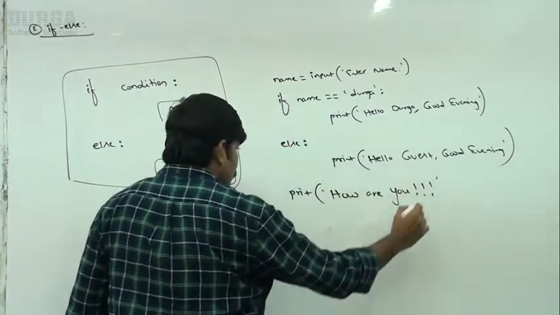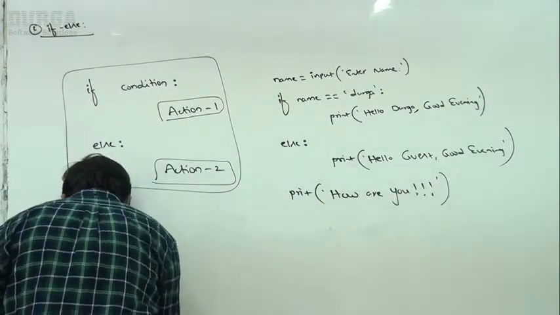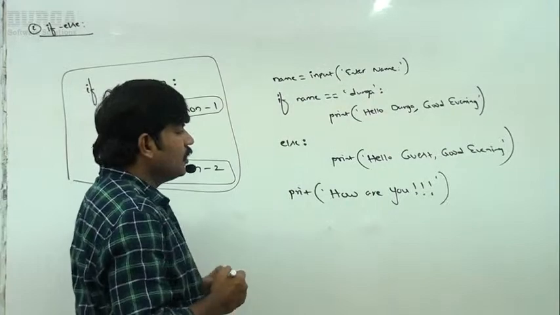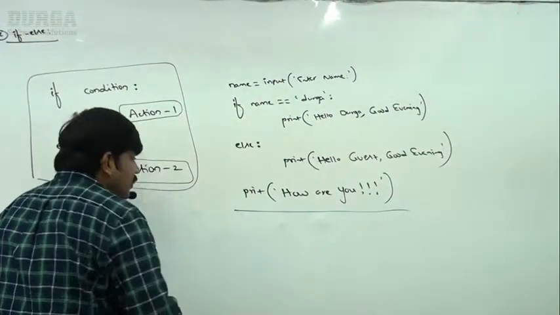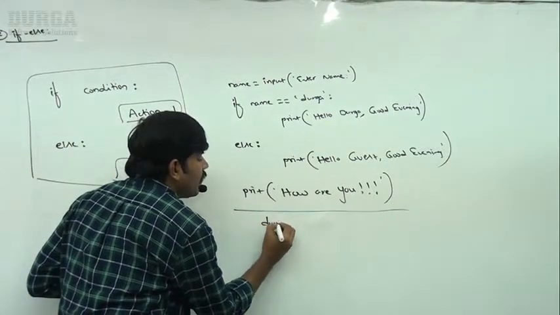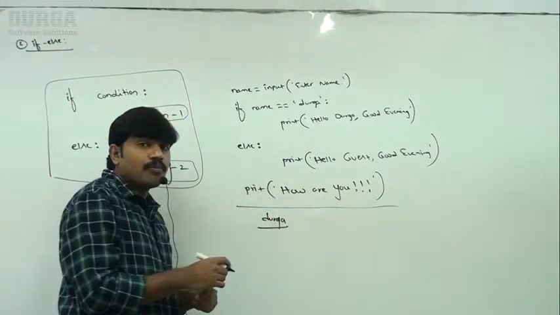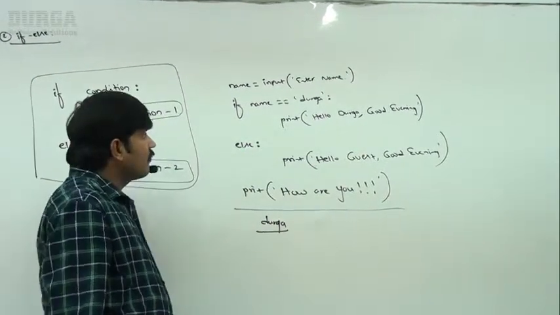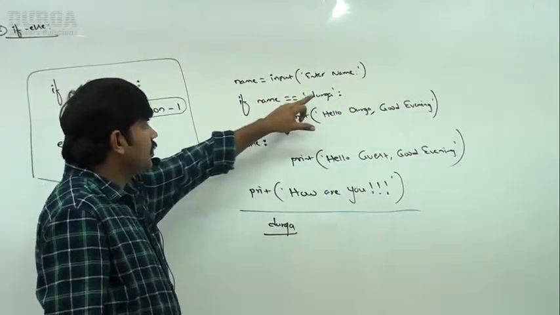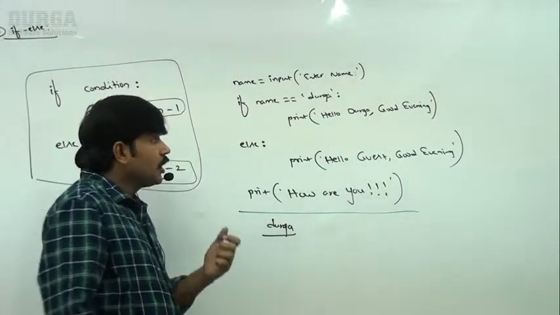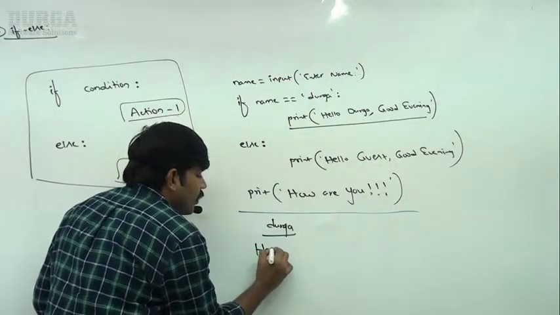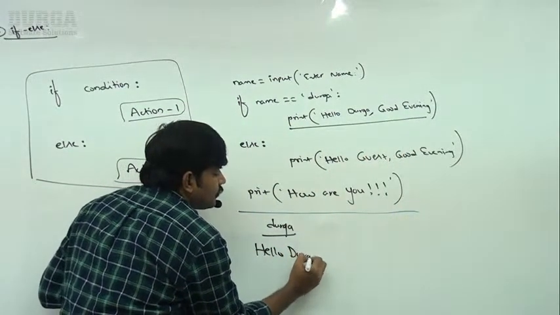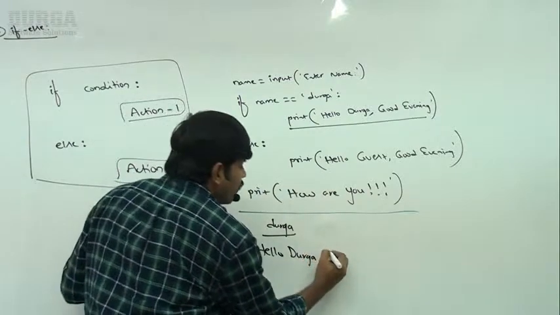Now take very special care here. Suppose I entered the name as Durga. What is the output we are going to get by default? Can you please confirm? name is equal to Durga matched. If the name matched, this one is going to execute: hello Durga, good evening.